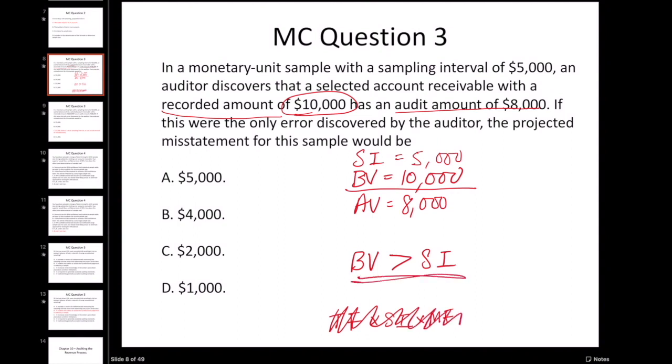If the book value is greater than the sampling interval, we utilize the actual amount of misstatement, which in this case is $2,000, because we've tested the entire sampling interval and we know the precise amount of error contained in it. And we did not sample, so we don't need to multiply by the misstatement factor, right? So in this case, our answer is C, $2,000.